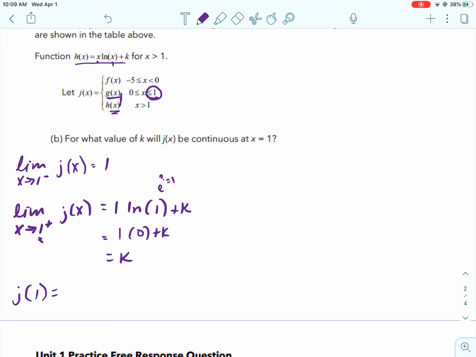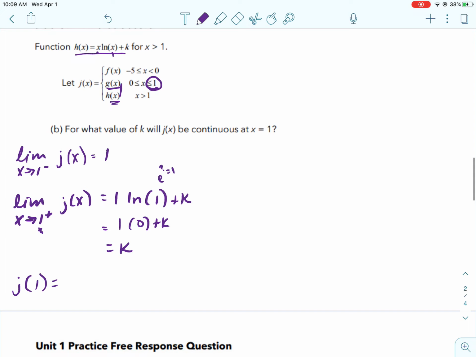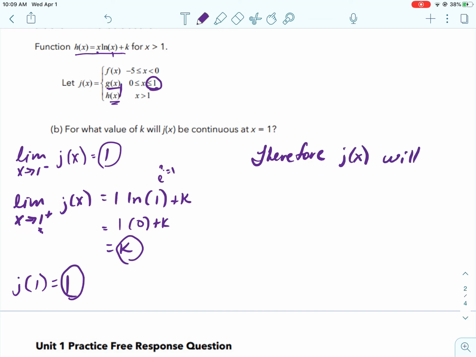All right, and then just real quick, I would want to go ahead and find j of 1. So when x equals 1, we use the g function. The g function is the table, and whenever x is 1 on the table, y is also 1. So for this to be continuous, all of these things need to be equal.